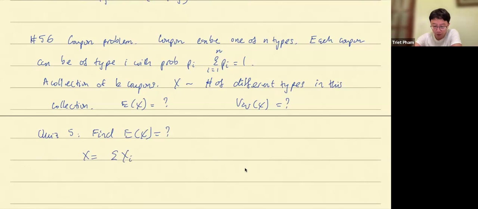So we must break X down into components, as a sum. What are the xi's?